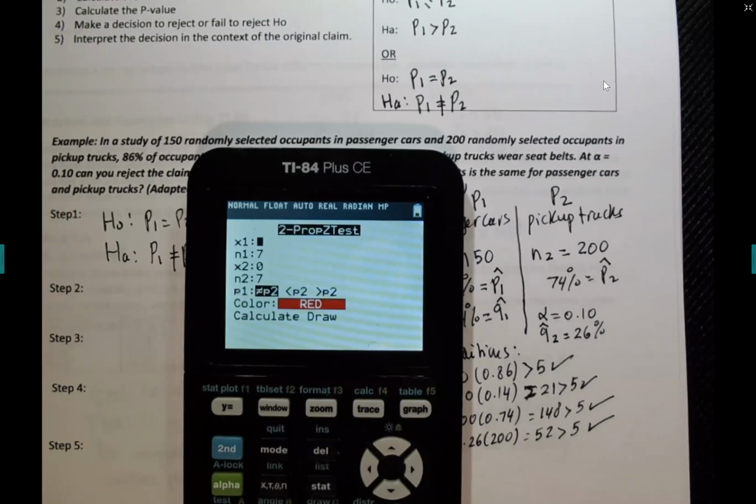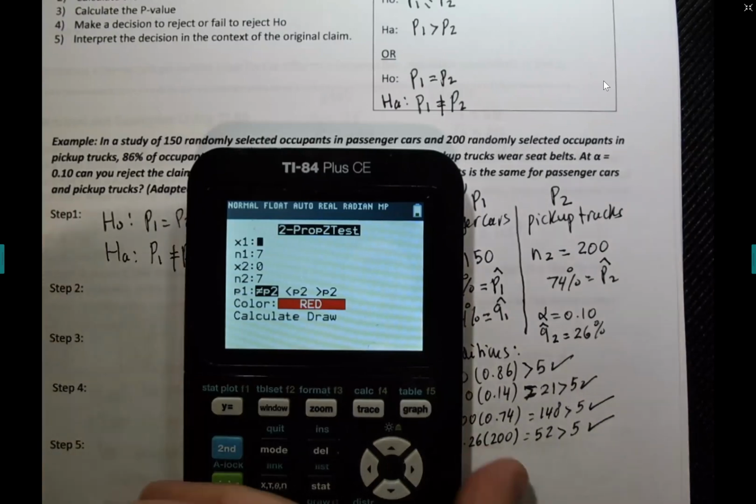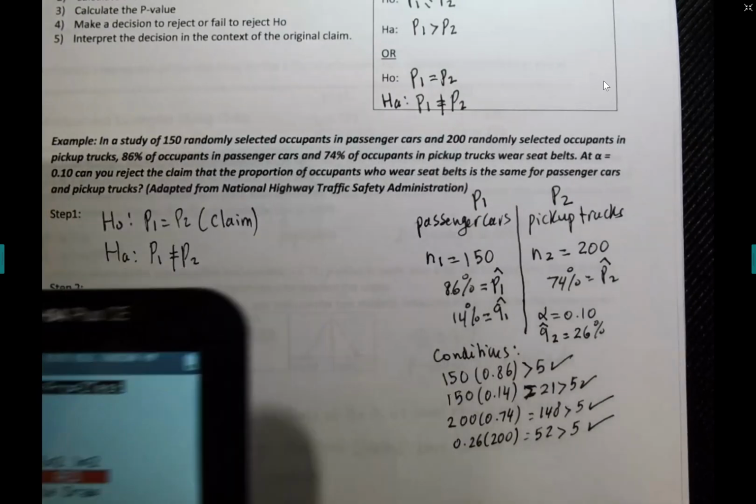All right. It's asking me for x1, n1, x2, n2. I don't have x1 and x2. I have n1, which is 150, and I have n2, which is 200. Do you guys know what x1 is? How do you find x, the number of successes?